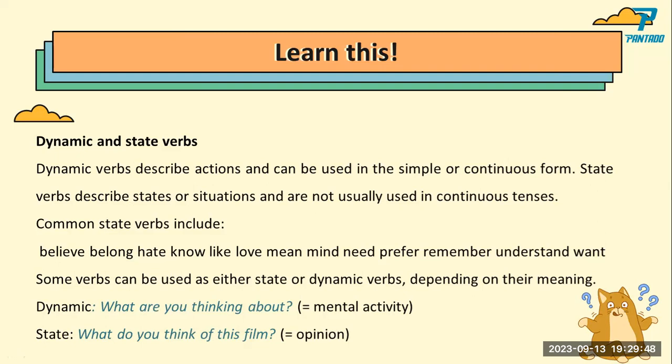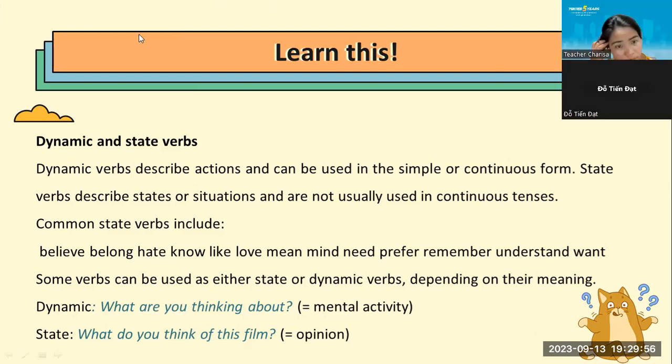State verbs describe a state or situation and are not usually used in continuous tenses. Common state verbs include believe, belong, hate, know, like, love, mean, mind, need, prefer, remember, understand. Some verbs can be used as either a state or dynamic verb depending on the meaning.